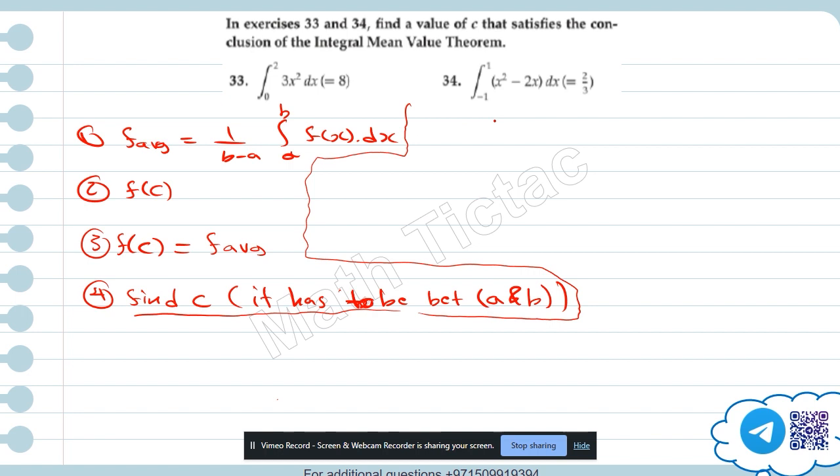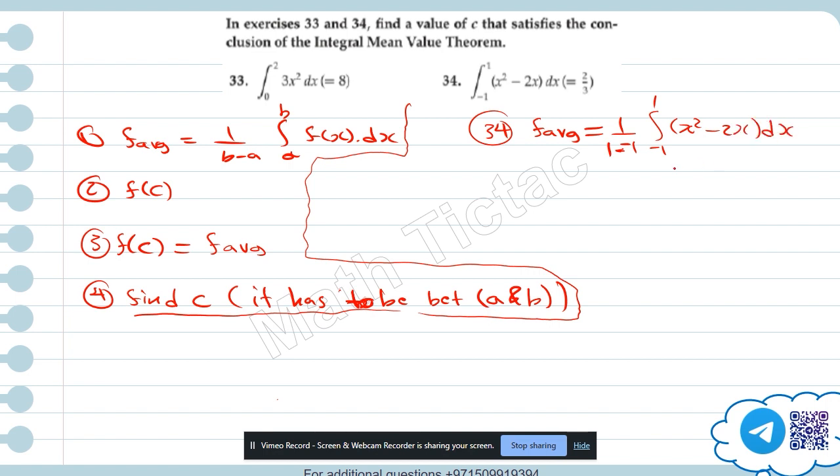So in here, let's say we have question 34, for example. First of all, I have to find f average. So f average is equal to what? 1 over b minus a. So in here a, in here b. So 1, which is b, minus -1, multiplied by the integration from -1 to 1 of x squared minus 2x dx.